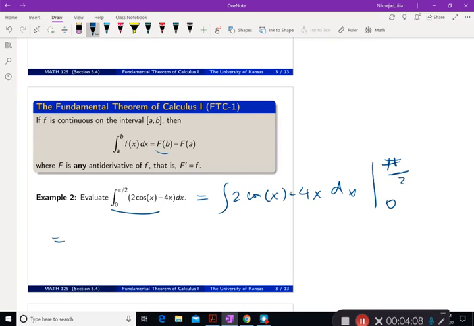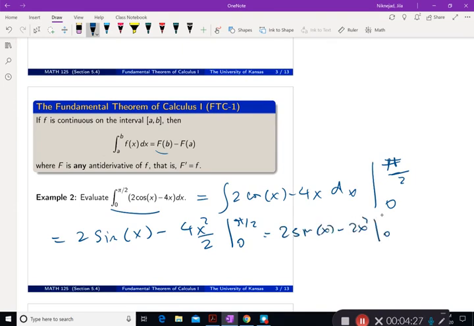And so for 2 cosine of t, the antiderivative is 2 sine of x, minus 4x to the power 2 divided by 2, from 0 to pi half. And here it is 2 sine of x minus 2x squared, from 0 to pi half.